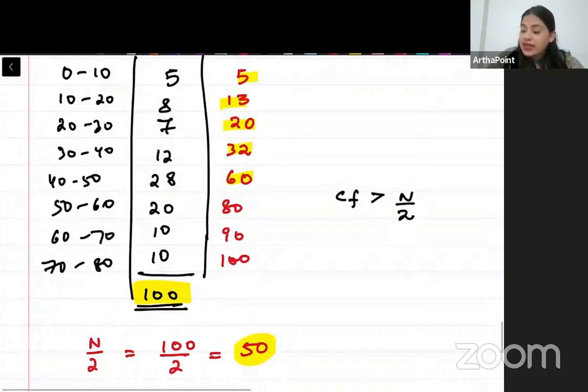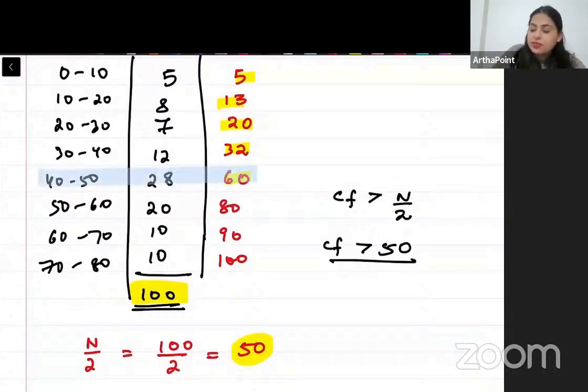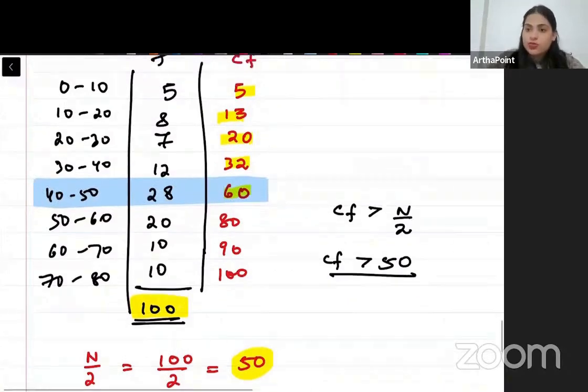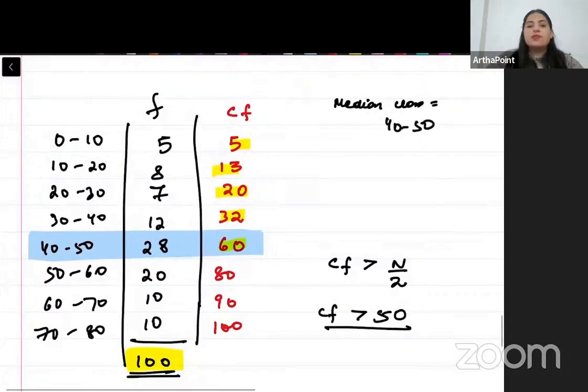So find out that class whose cumulative frequency is greater than 50. That will be this class, beta. Its cumulative frequency is greater than 50. So now I have got all values, and my median class will be 40 to 50.